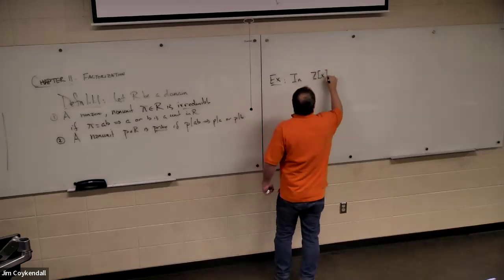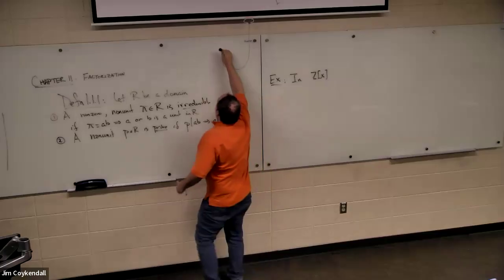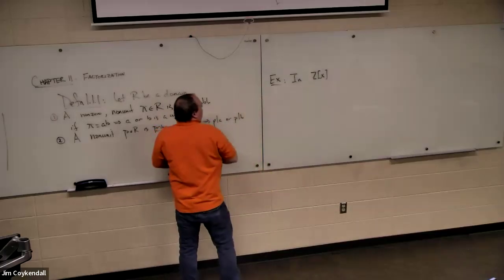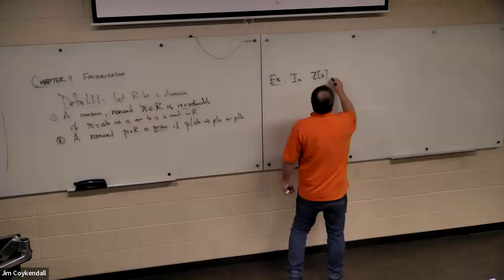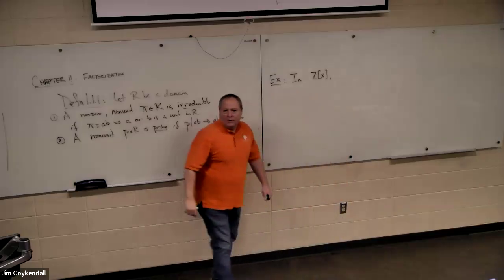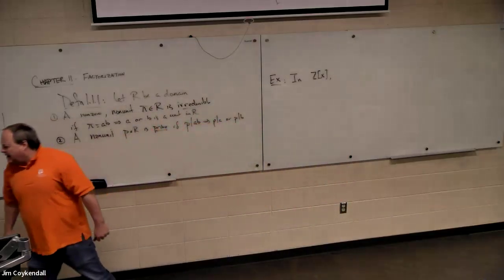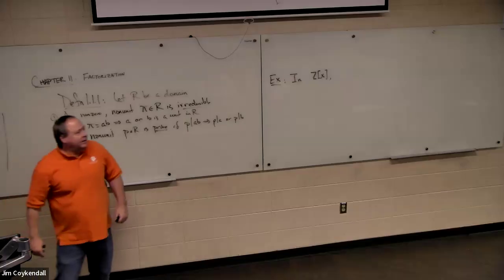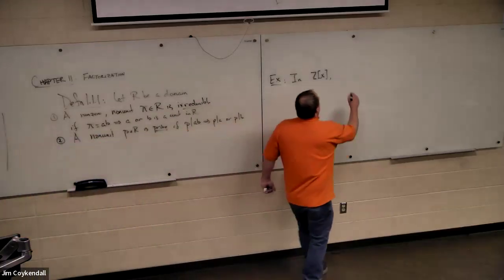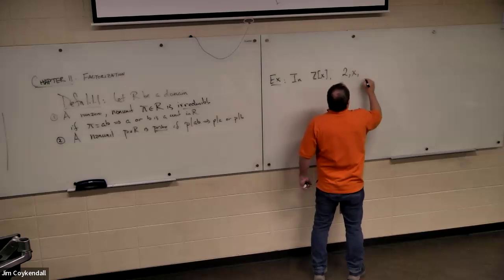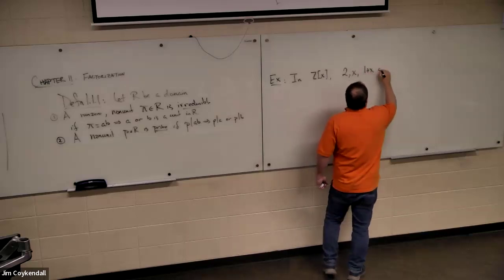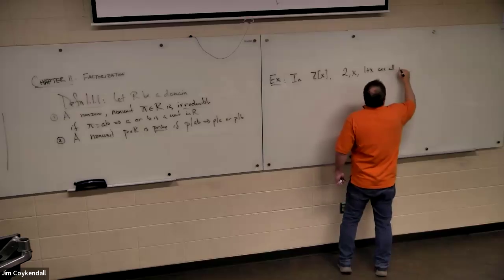We were talking about polynomials last time. In the polynomial ring Z[x], so this is polynomials with coefficients in the integers, I'll give you some examples here. 2, x, 1 plus x are all prime.